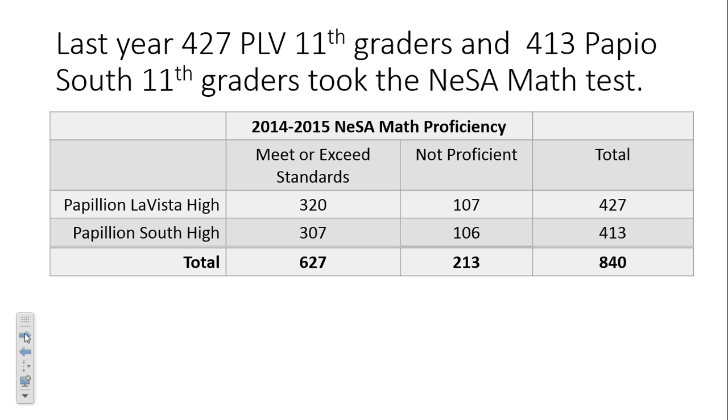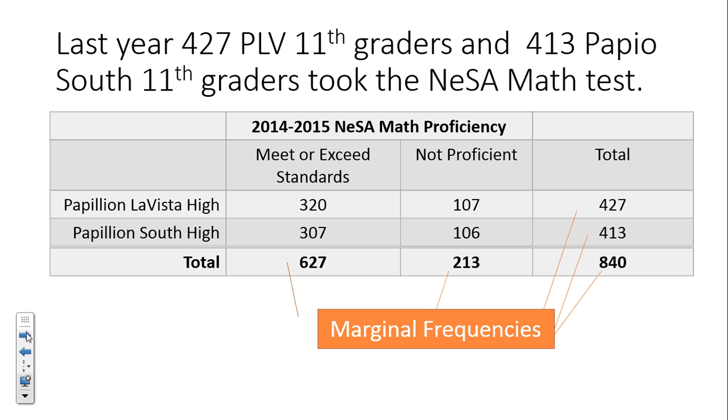Okay, now those numbers, and again, a lot of this is vocab. This isn't really tough math. We're just adding or subtracting, right? The vocabulary is what can get a little weird. So when we're asking for marginal frequencies, we're asking for the totals. Okay, joint frequencies are the numbers that things have in common. The marginal frequencies are the totals. So joint frequencies are those numbers that have a common something, right?